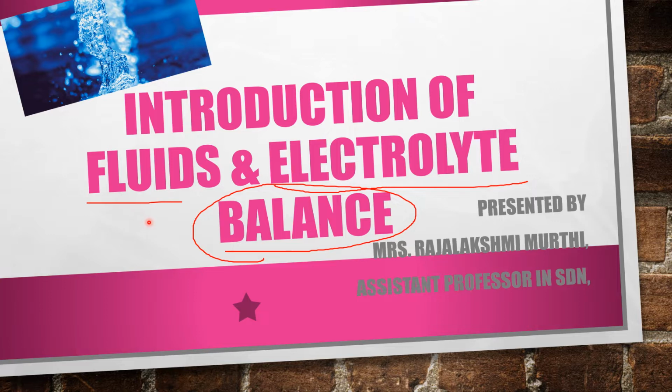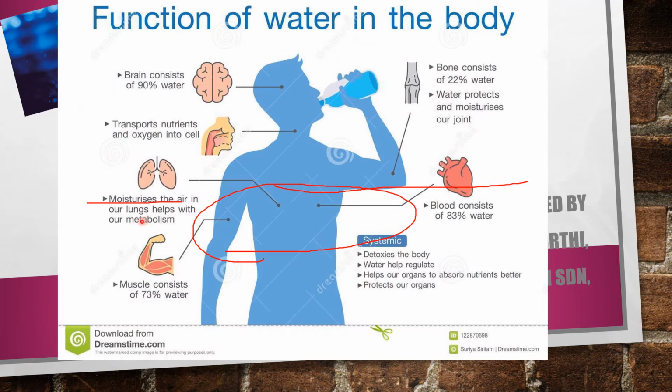So why are fluids and electrolytes necessary in our body? Without fluids, we cannot live. Why? What is the function? Fluids and electrolytes play a vital role in our body. Water is very necessary in our body. The brain consumes 90% of water to function properly.